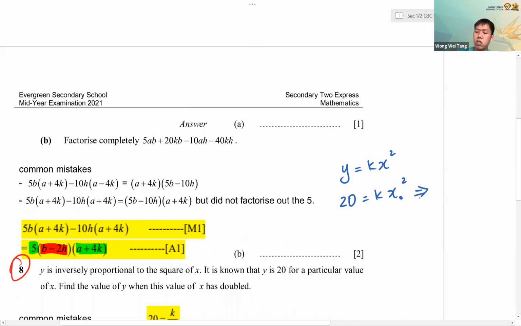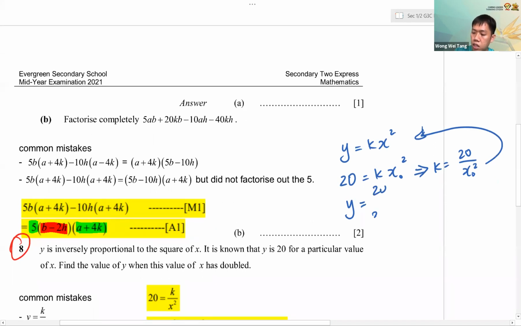Based on this, we can make k the subject already. This is our standard step. So k will be 20 over x naught squared, and we put it back into the original formula. Now we get 20 over x naught squared, times x squared. This is now our new formula.